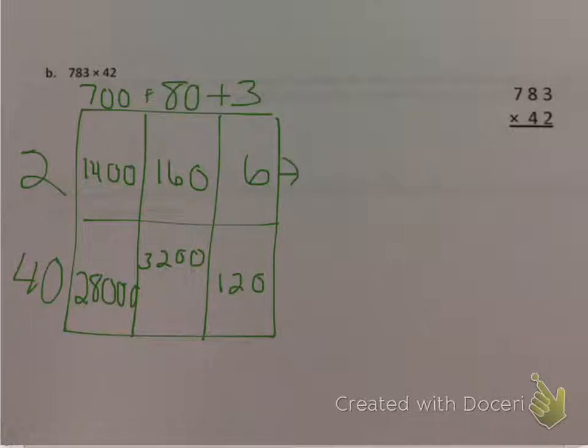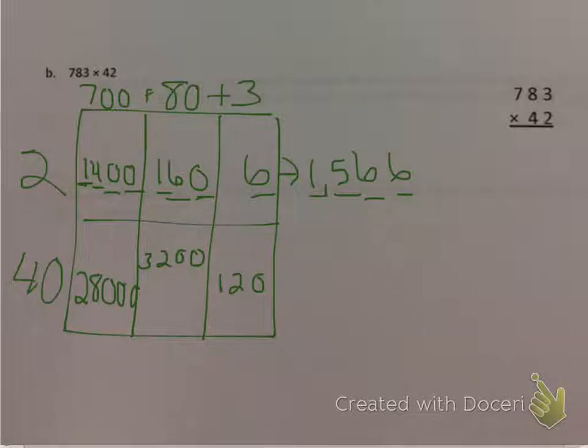get my two partial products. So 1,400 plus 160 plus 6 is 1,566. I take 6 plus the numbers in the ones place to get 6. Then I take 6 plus the number in the tens place to get 6. 1 plus 4 is 5, and then there's only one number in the thousands place, and that's 1.